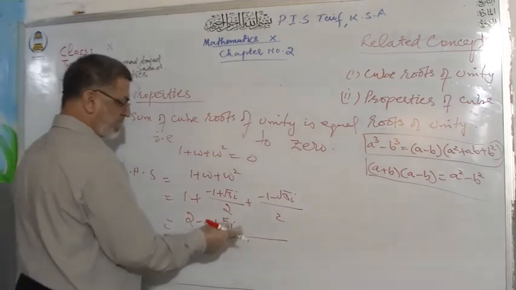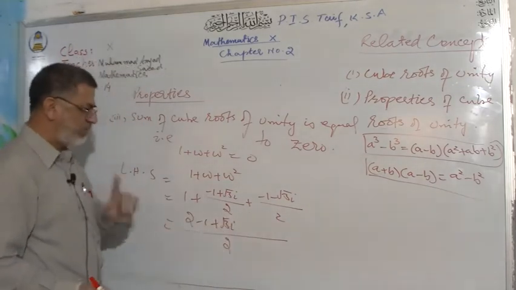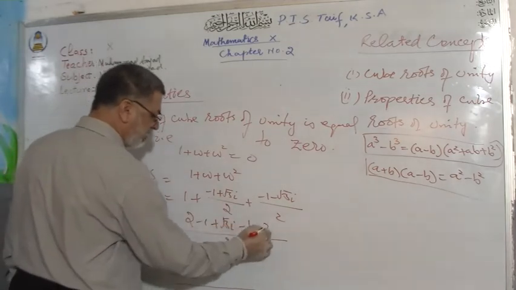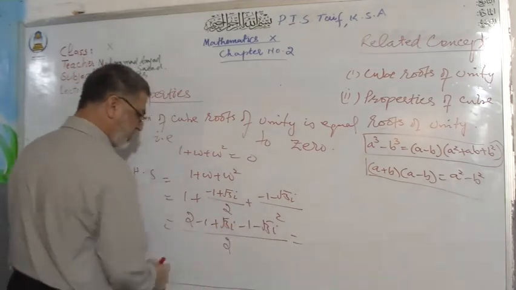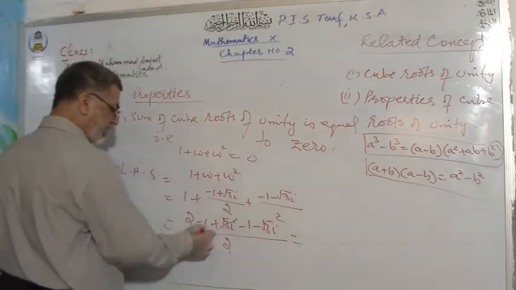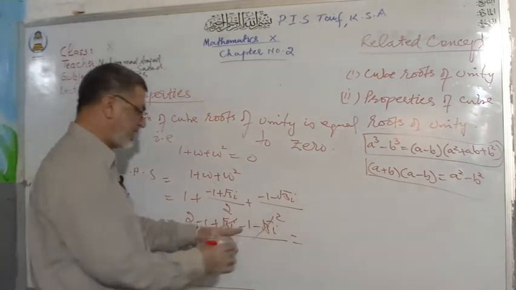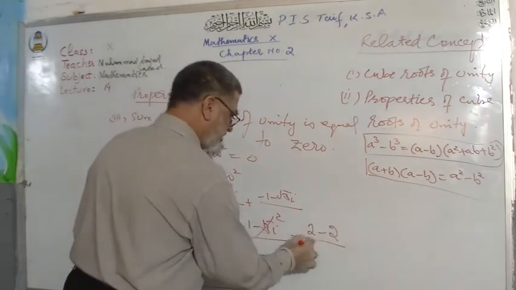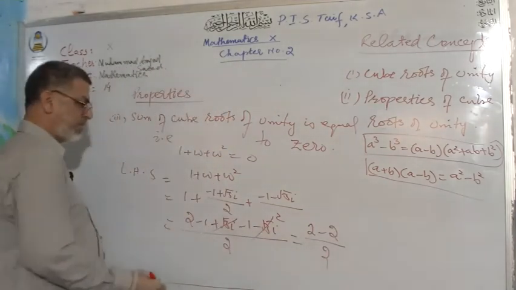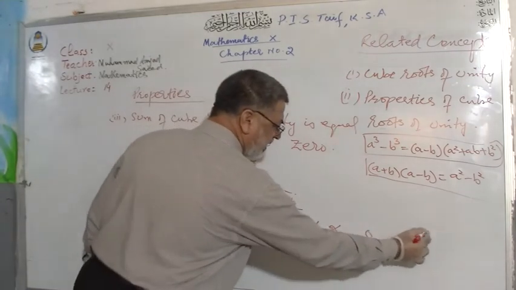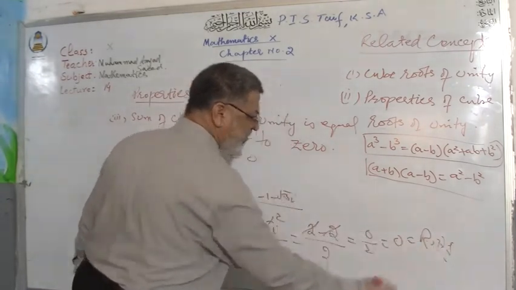Similarly, 2 is cancelled with 2 and you will get this 1 and 1 is multiplied above, plus (-1 minus 3 under root iota) over 2. You can check plus 3 under root iota minus 3 under root iota. Minus 1 minus 1 is minus 2. 2 and -2 cancel out. 0 over 2 is equal to 0. That is your right hand side.